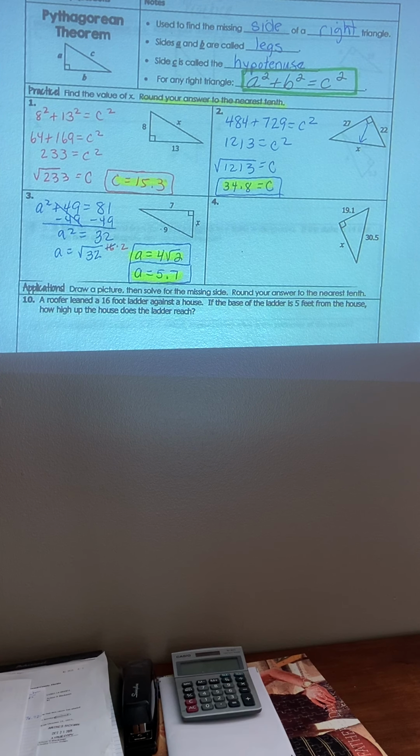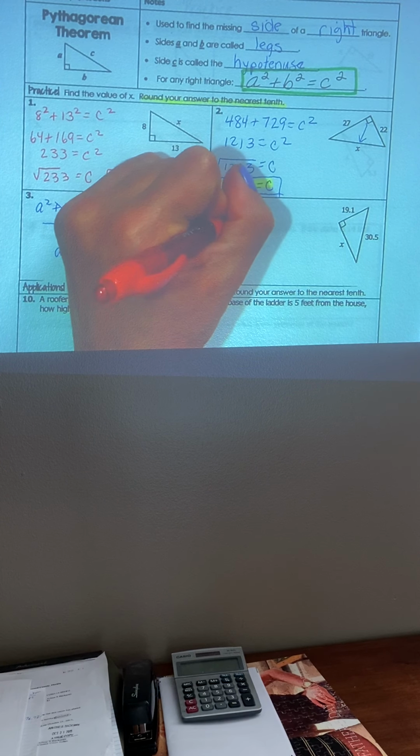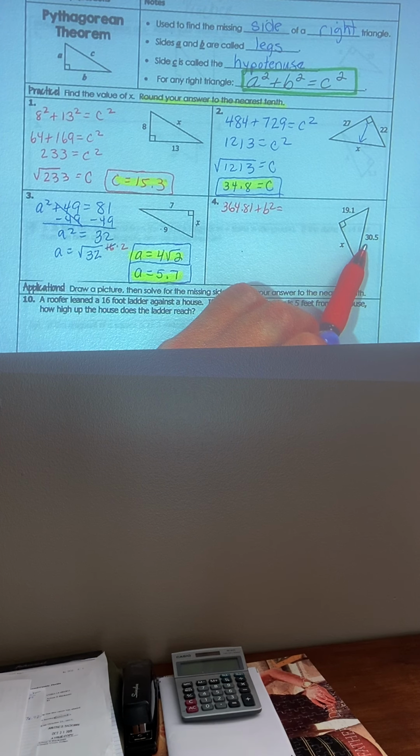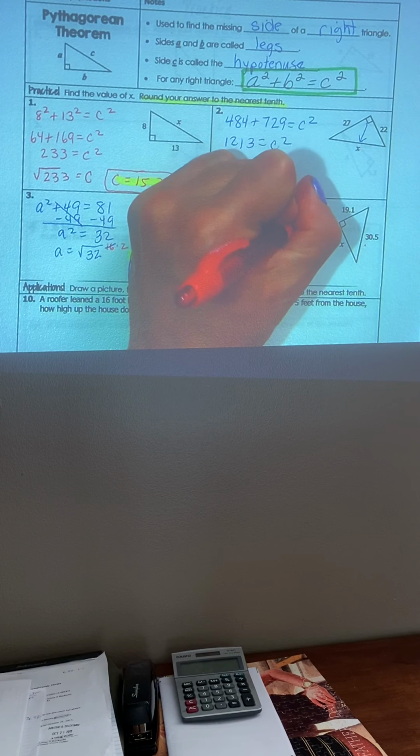Okay, and then this problem, we have A squared: 19.1 squared is 364.81. We don't know B squared. And C squared: 30.5 squared is 930.25.